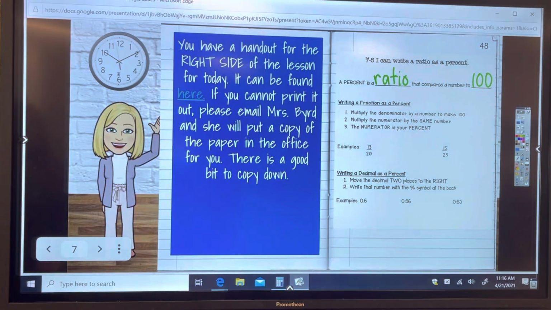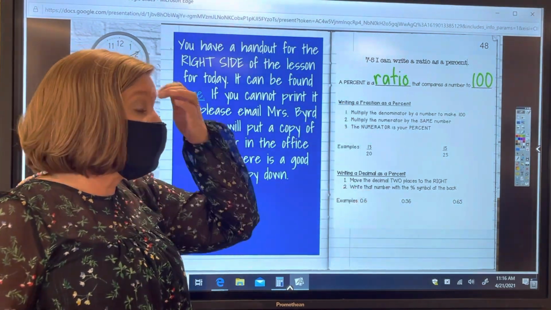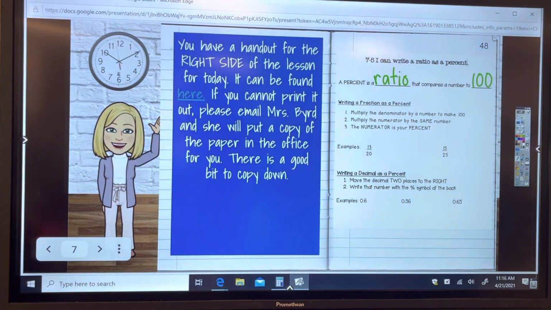We are comparing a number to 100. How many out of 100? So we're going to talk about writing a fraction as a percent and writing a decimal as a percent. And we can go back and forth.